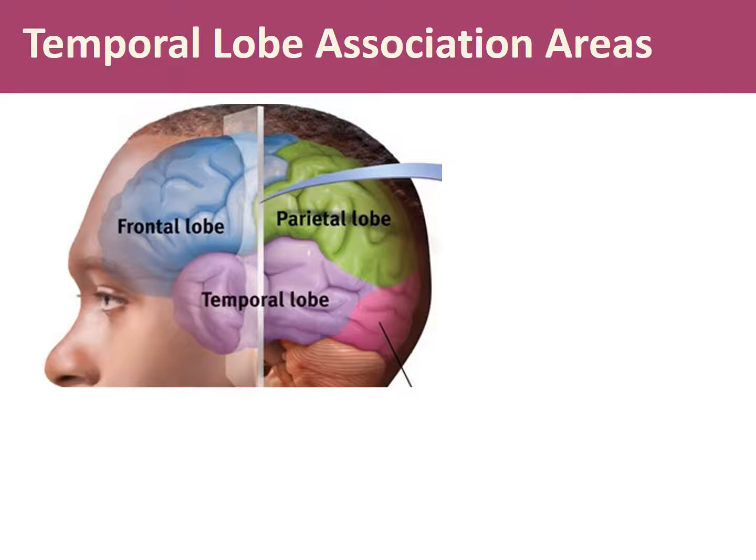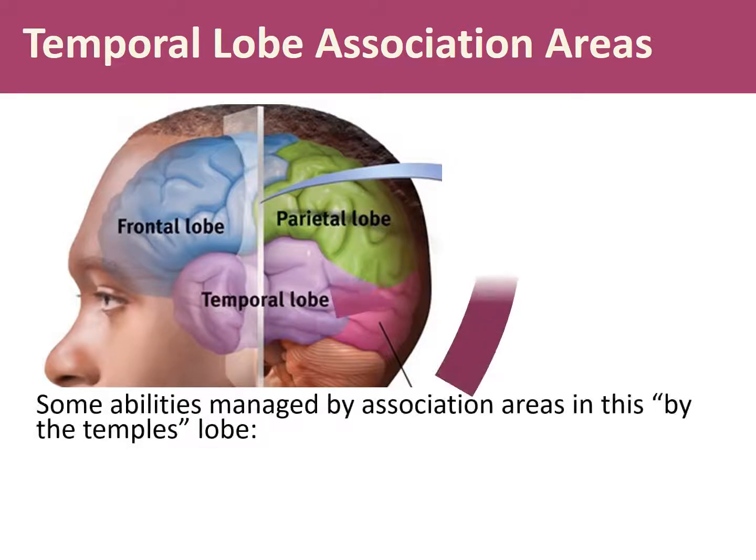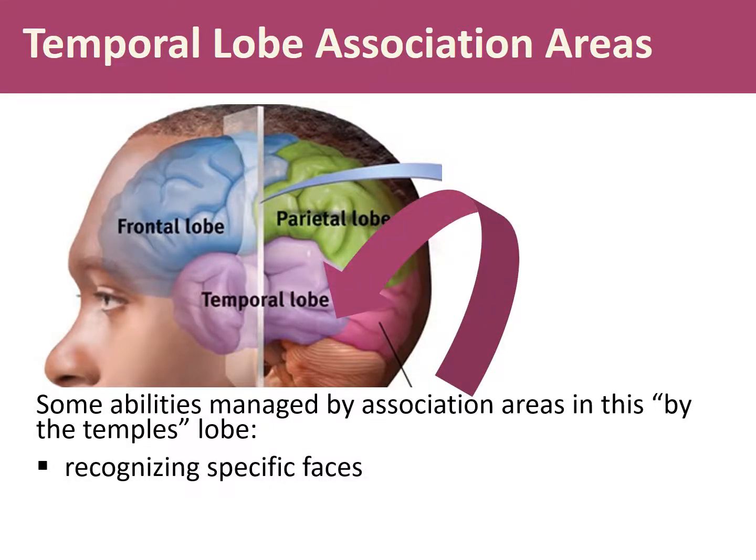Temporal lobe, which lies at the side of the head, is primarily responsible for hearing, but also has several other important responsibilities. Temporal lobe has an area called the fusiform face area, or the FFA, which is responsible for recognizing specific faces. People with problems or damage to this fusiform face area in the temporal lobe may have a disorder called prosopagnosia.